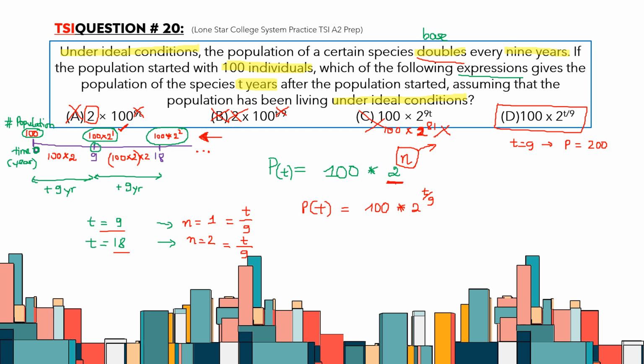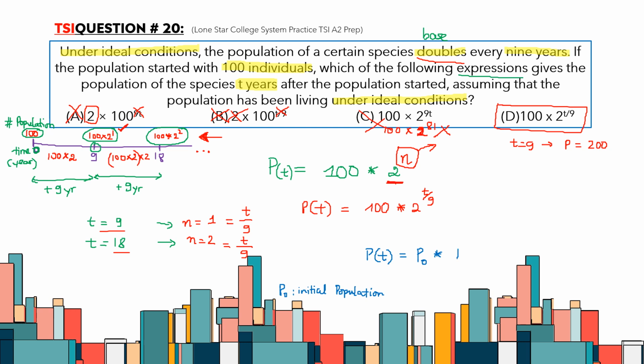And also, we know the formula for population growth. The population at time t equals P naught, where P naught means the initial population, what you start with. In this case, P naught is 100. Then you multiply by the base, whether you double or triple. Triple means you multiply by 3.